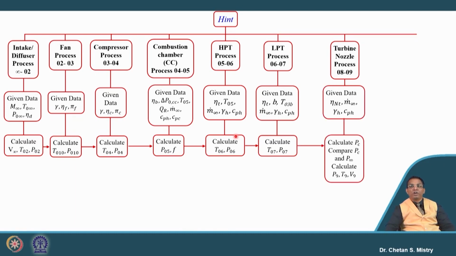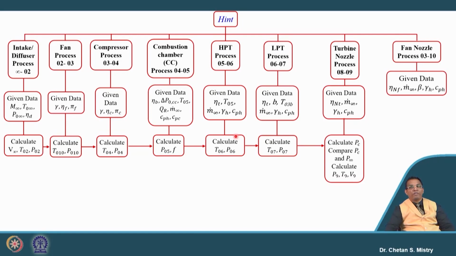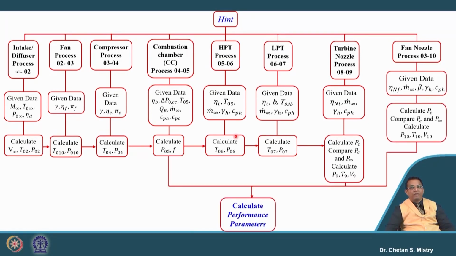The next components are our turbine nozzle and our fan nozzle, and we will calculate the exit velocity, exit static temperature, and exit static pressure, and based on that we will calculate the performance parameters.